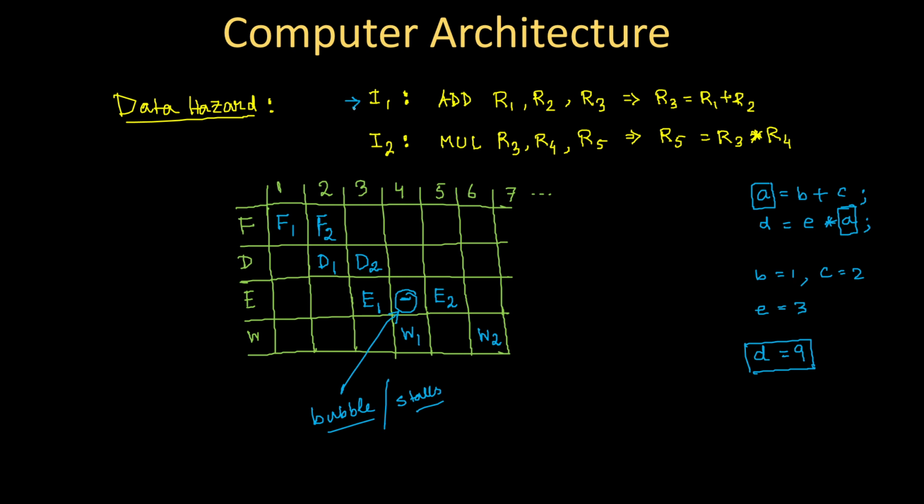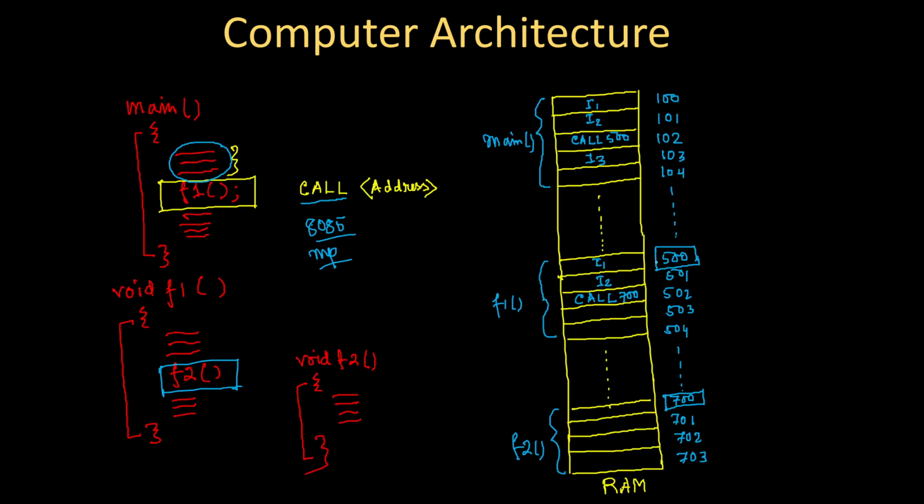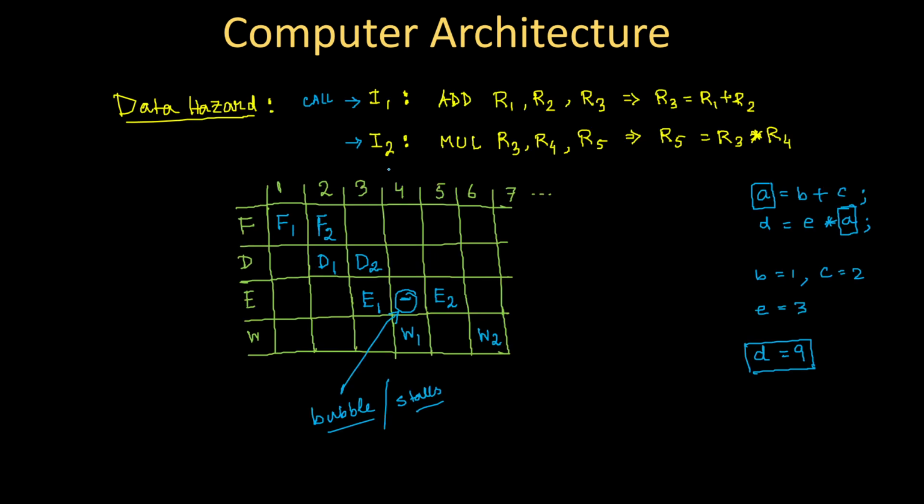Suppose this is my call instruction, and this is the next instruction after the call. When the call instruction has started decoding, the next one has started fetching, and after completion of decode, the machine realizes that after the execution of the call, I should execute the instruction at address 500, that is this I1. But unfortunately, the next instruction has already entered the pipeline.